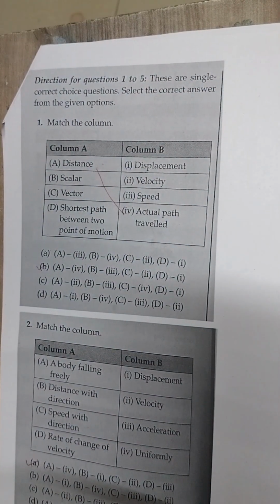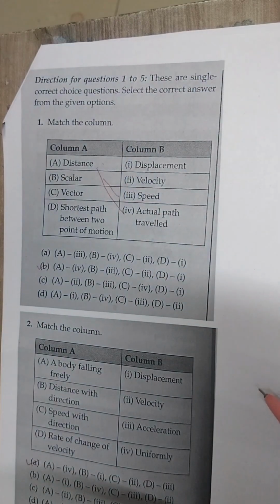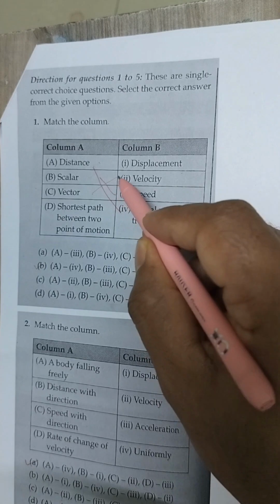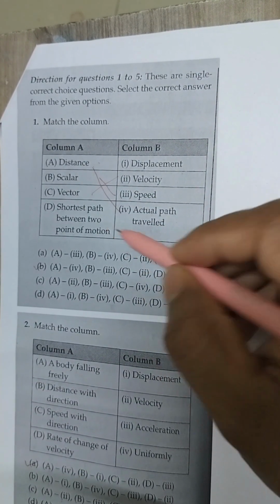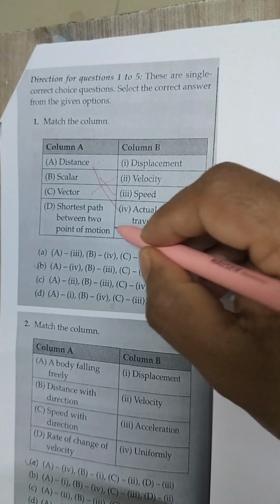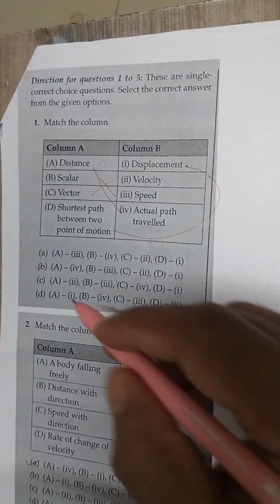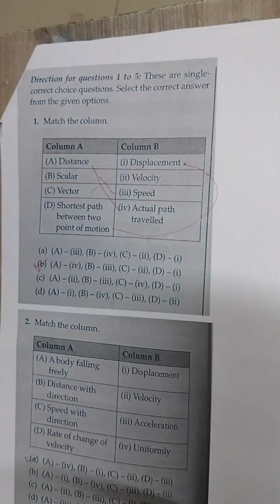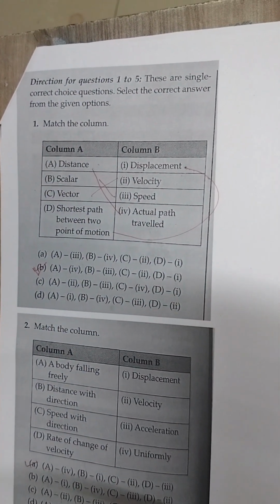Scalar: speed is a scalar quantity. Vector: velocity is a vector. Shortest path between 2 points of motion, that we already explained, is displacement. So the correct option is B: A4, B3, C2 and D1.